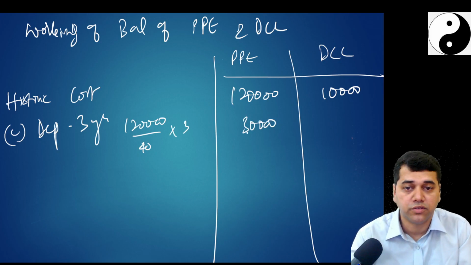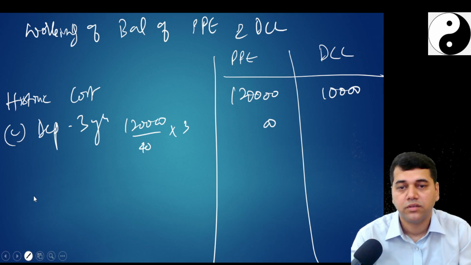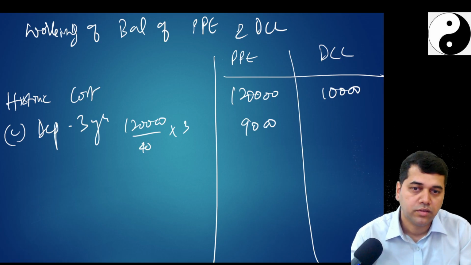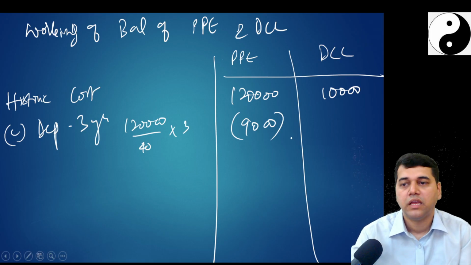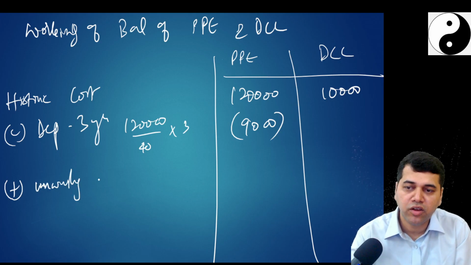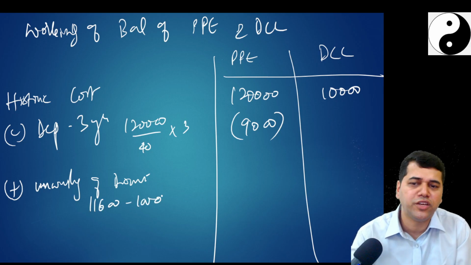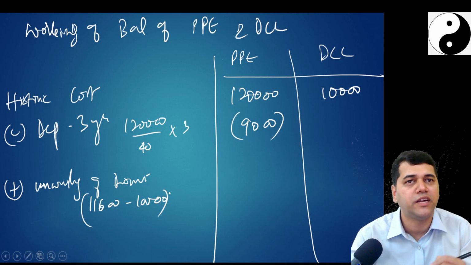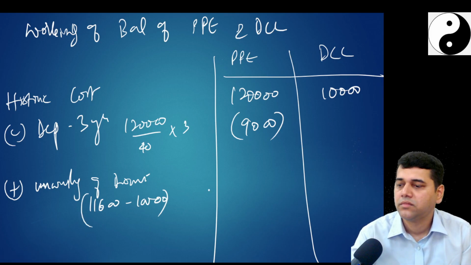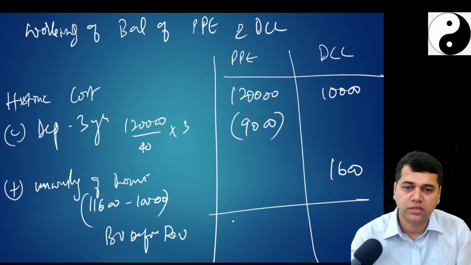Oh, sorry, 9,000. 30 was in the previous, no? 10-year depreciation. 9,000. How much is my unwinding of discount? 11,600 minus 10,000. Don't need to calculate again, because you will get a different number there. 1,600. So, book value before revaluation 1,11,000, 11,600.